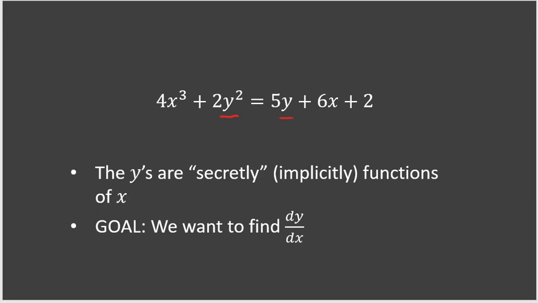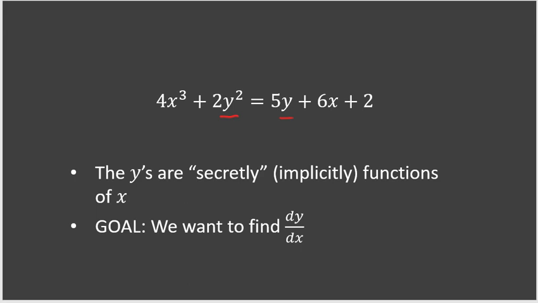Now, with some odd looking equations, it could be possible to move things onto one side and do some basic algebra to get y by itself on one side and everything with x's or constants on the other. But in this particular case, we cannot do this.